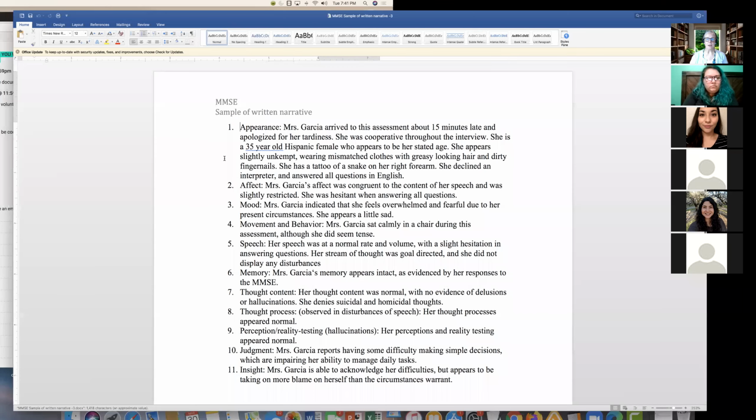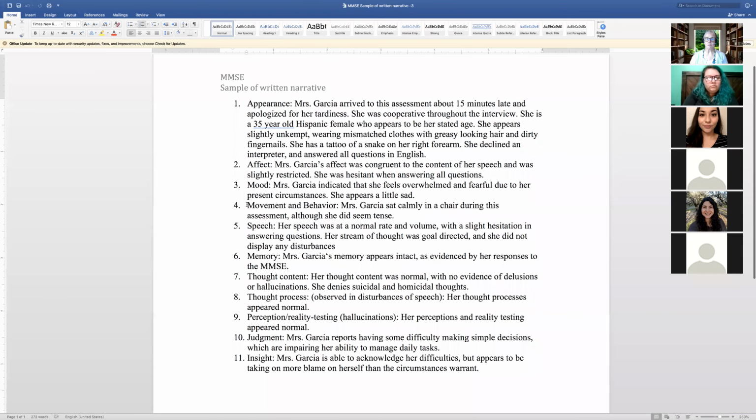You're going to talk about appearance, affect, mood, movement and behavior, speech, memory, thought content, thought process, perception or reality testing, which is about hallucinations, judgment and insight. And some of these things, the affect you can describe because it's an external observation. Mood is what the client feels objectively inside. Speech you can describe because you're listening to the speech.